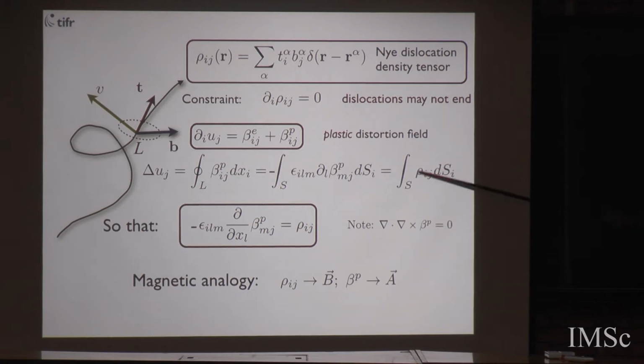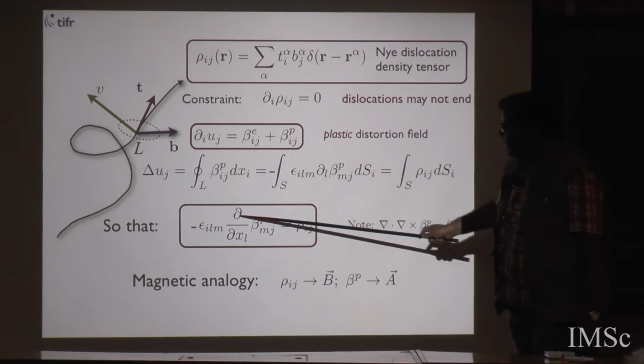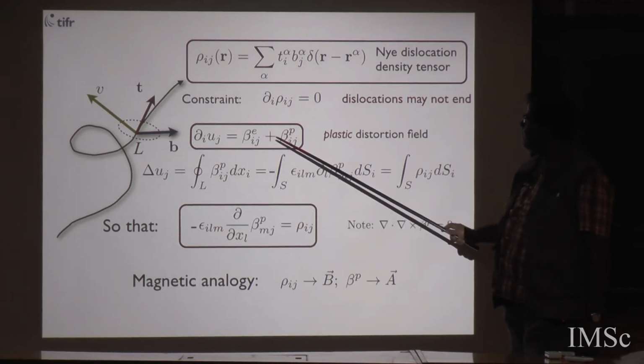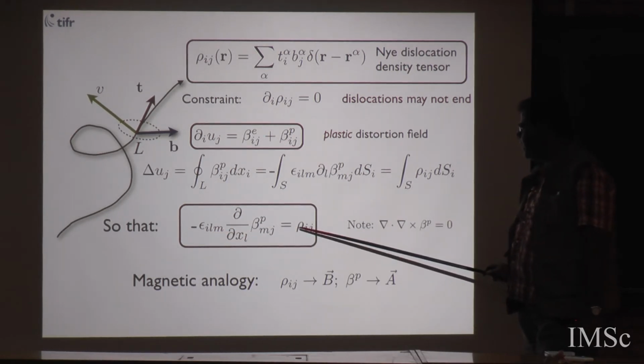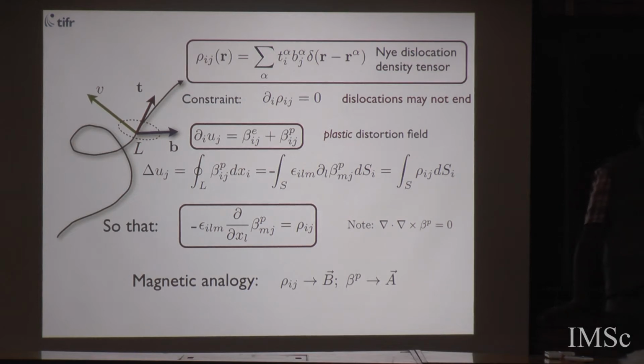Since this is a very general statement that holds for all possible surfaces, the integrands themselves have to agree with each other. Which means that the curl of the plastic distortion field is the Nye dislocation density tensor.